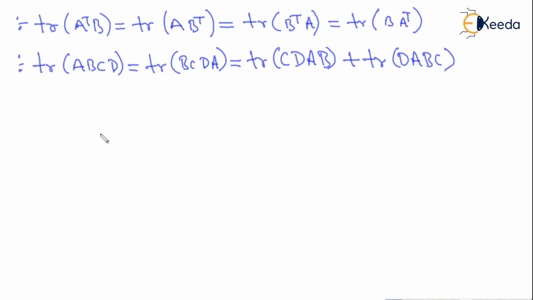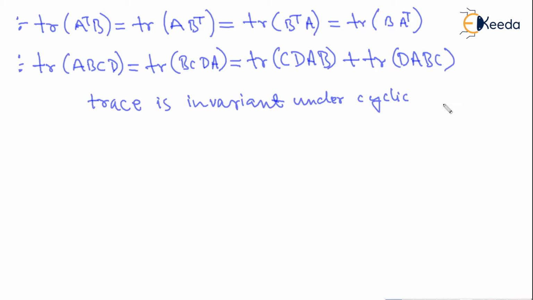So you can say trace is invariant under cyclic permutation or arrangement. We have it in the same cycle, right?